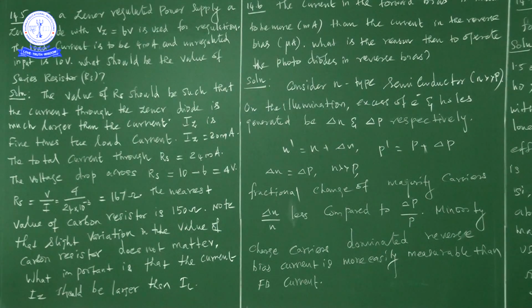The load resistor is where we are taking the output, across the load resistor only. VZ is nothing but the Zener voltage, and the Zener diode is connected exactly parallel to the load resistor.